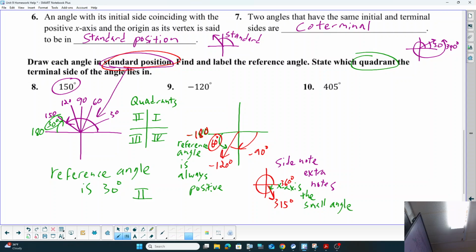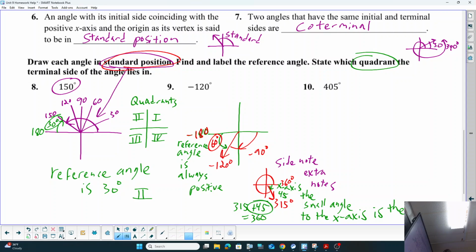What would that be? From 315 to 360 is about 45 more, so 315 plus 45 would equal 360.